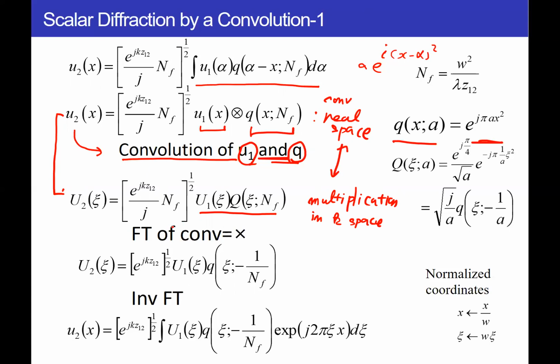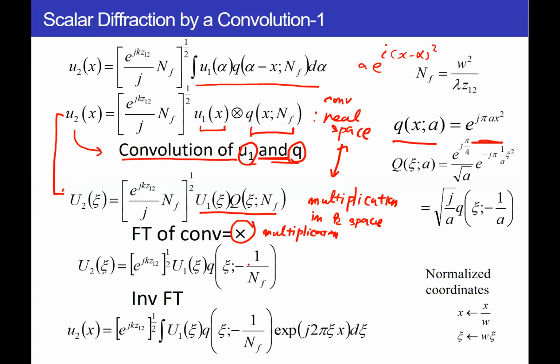So basically, if you know the Fourier transformation of the field at the aperture and the Fourier transformation of the quadratic phase, then just multiply them, okay? Then you get this relationship. Fourier transformation of a convolution is a multiplication.